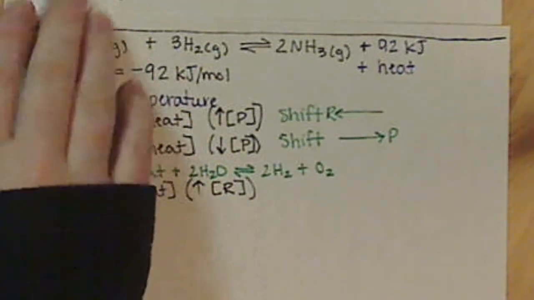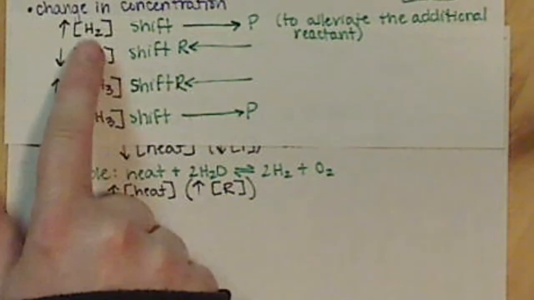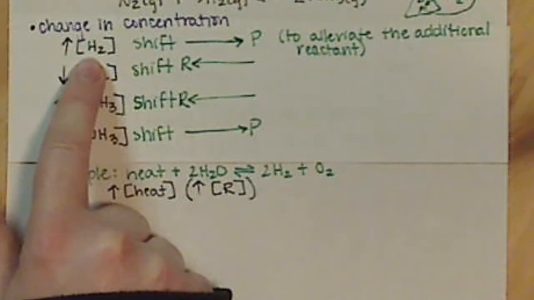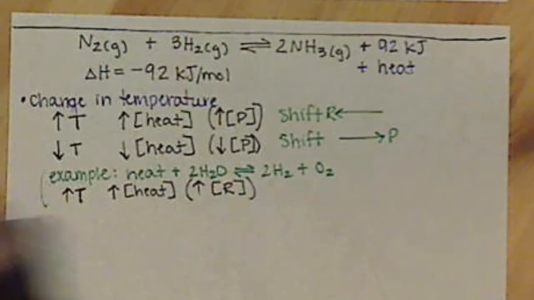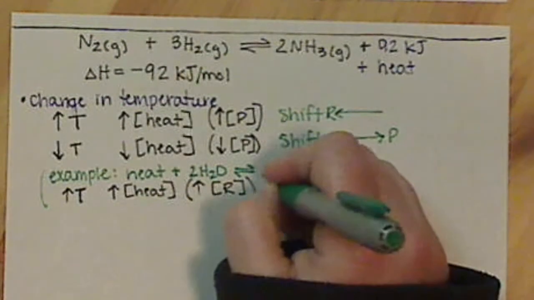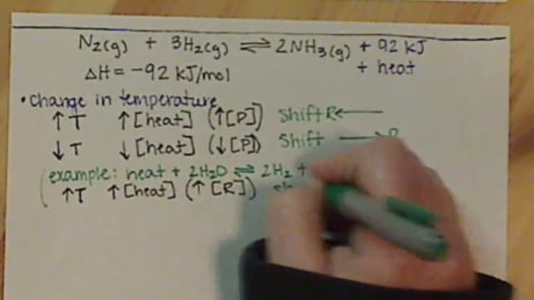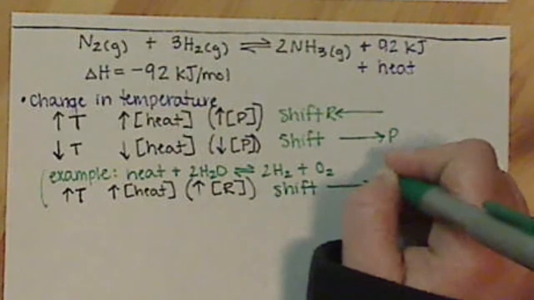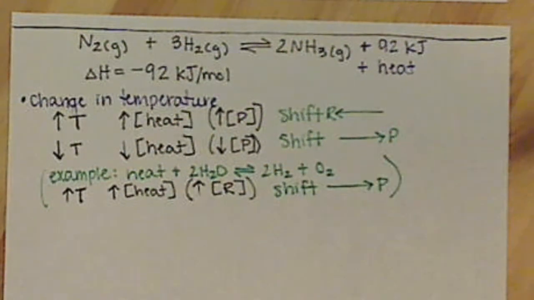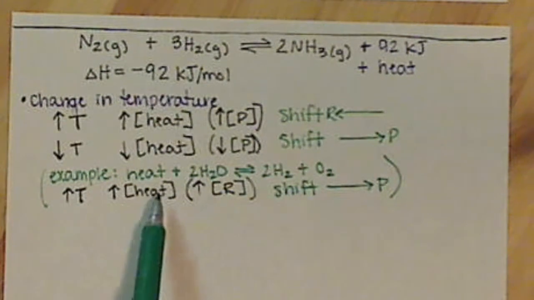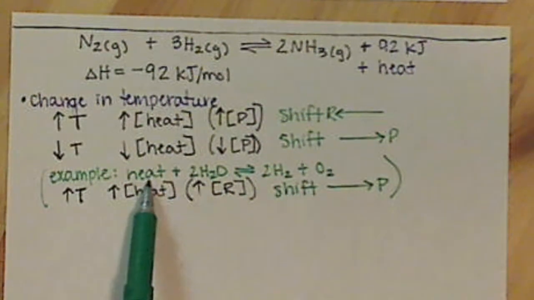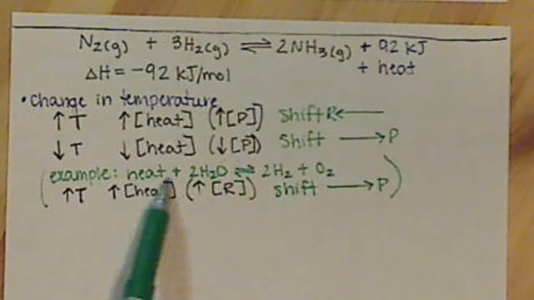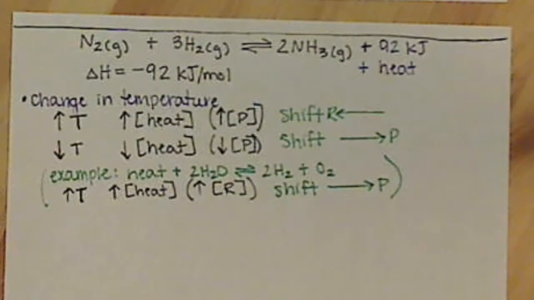So now we're in the case of increasing a concentration of our reactant. So we want to shift to our products, because in this case, we've increased our concentration of a reactant. So we want it to shift to our products to get back to that equilibrium.